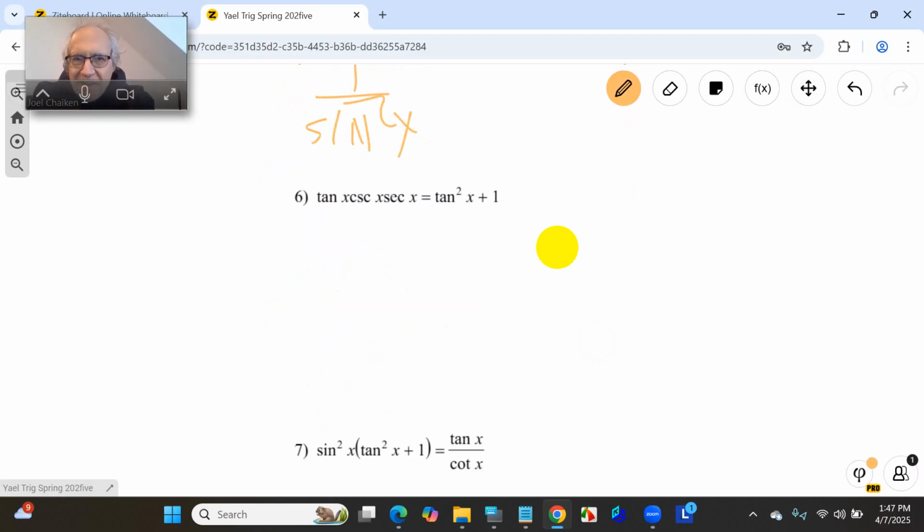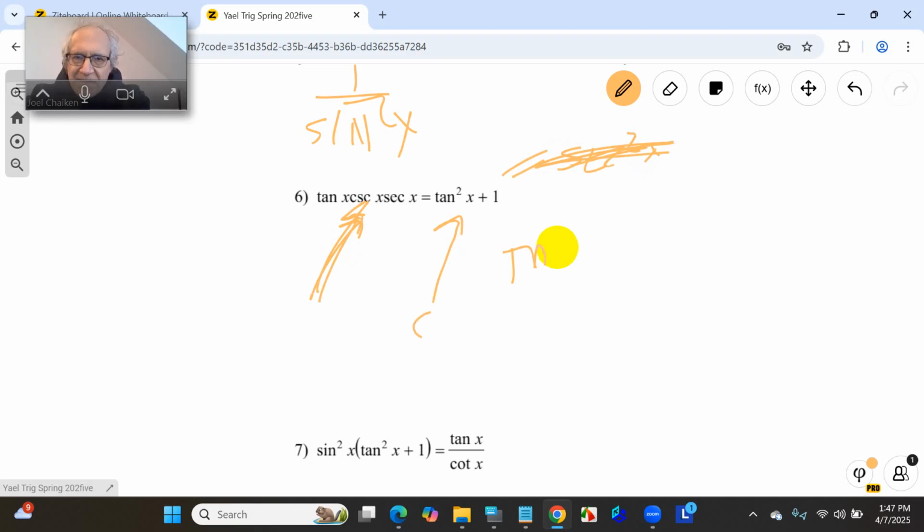Now, here you would convert to sines and cosines and hope for the best on this side, probably. We already know what this other side is. This is secant squared x using a Pythagorean identity. Well, let's not go there. You're going to want to work on this one. You convert to sines and cosines and hope for the best.